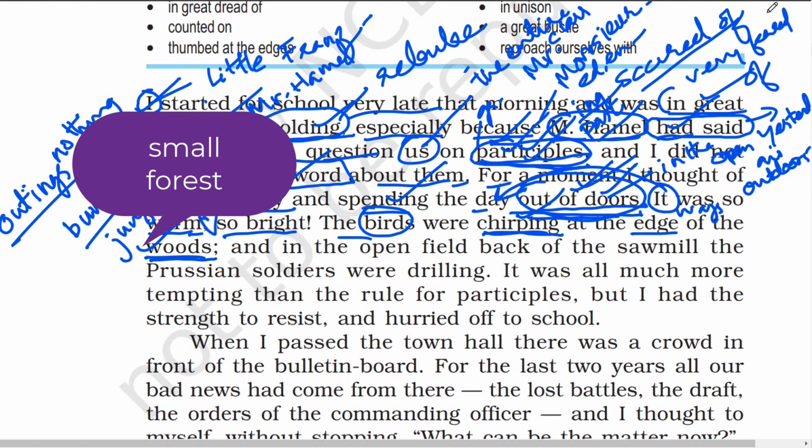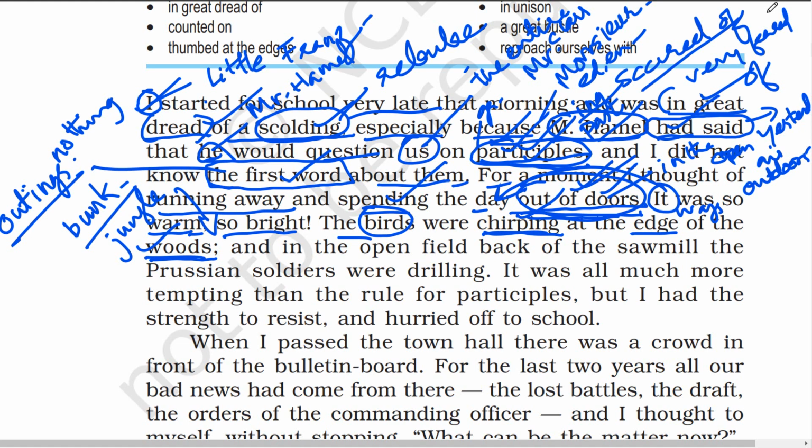On the way to his school, he saw all these things. And in the open field, back of the sawmill, there was a sawmill. Sawmill means a mill that is used for cutting woods. And in the open field, a courtyard, an open ground back of the sawmill, the Prussian soldiers, Prussian means German, the German soldiers were drilling.